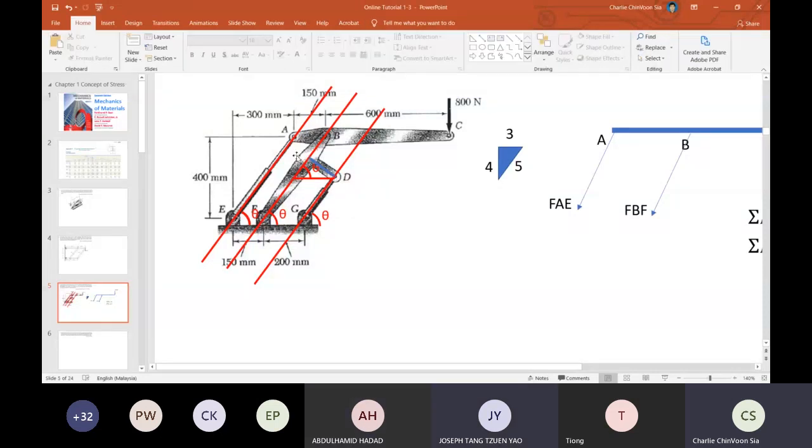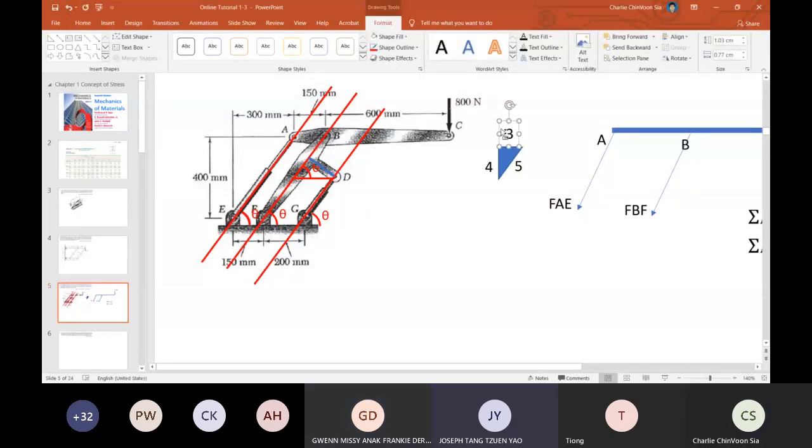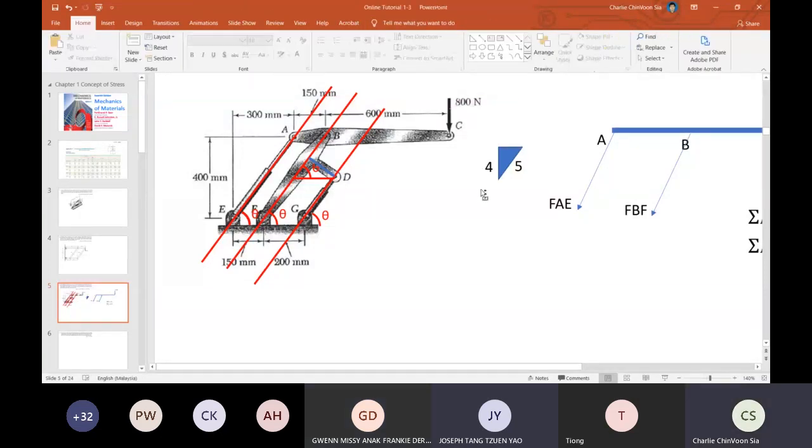Yes. So the blue line and the force DG is perpendicular, isn't it? Okay, so let's say the length of the blue line is x.